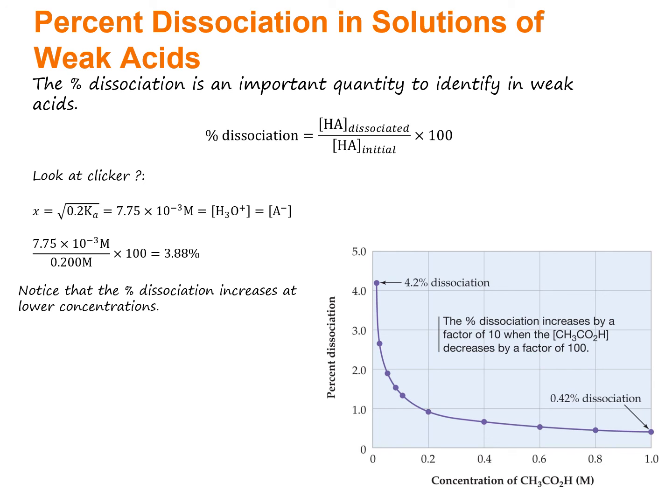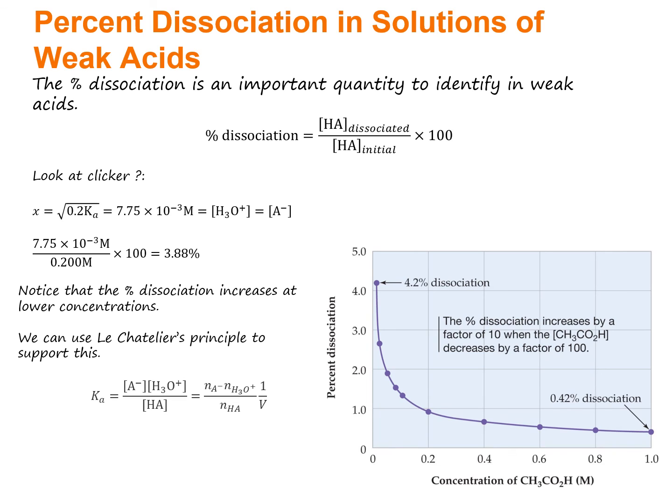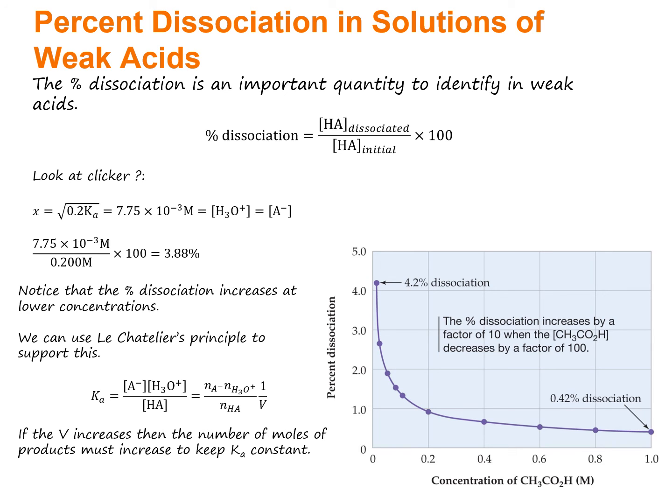Like I said, percent dissociation for all acids tends to increase as we go to lower concentrations. We can explain this using Le Chatelier's principle. If we take A minus times the hydronium over HA, looking at the acid dissociation equilibrium, because you have 2 species in the numerator and 1 in the denominator, you end up with a 1 over V factor.